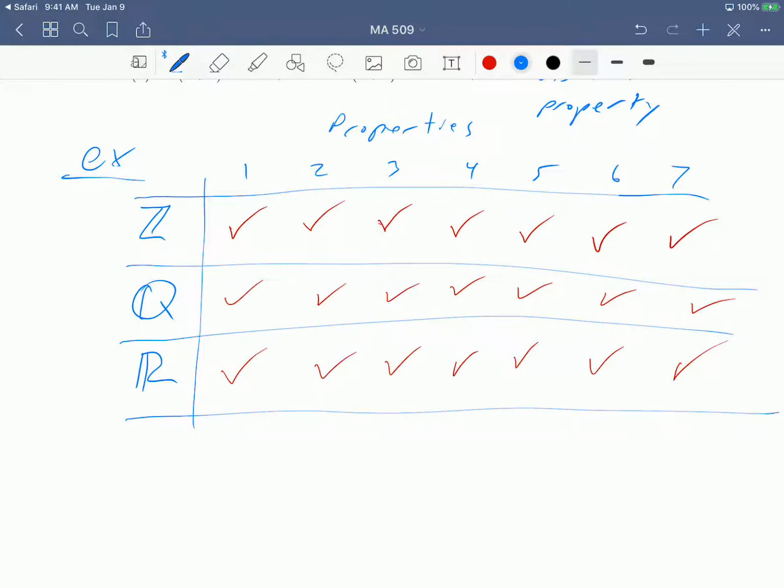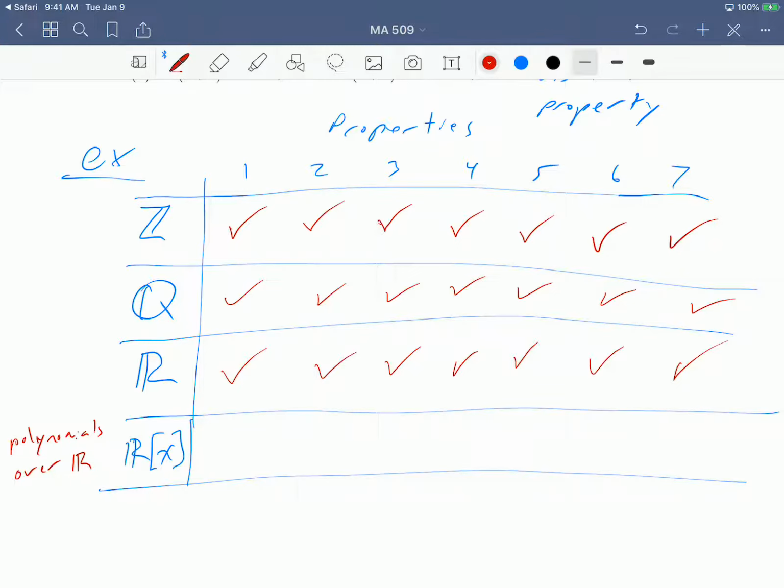All right, and then we can extend this a little bit further. So let's talk about polynomials. So remember, this R[x] was our set of all polynomials with real coefficients. So we can call that polynomials over R. The coefficients are real numbers.